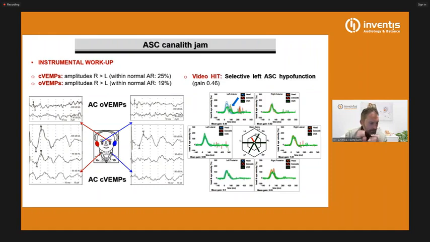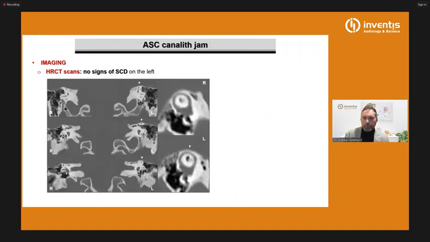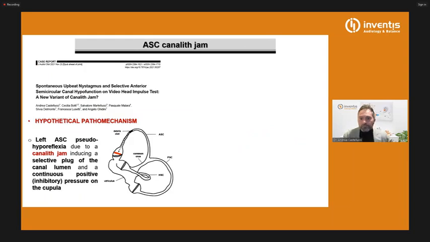So probably there is something going wrong on that side. We performed also a CT scan because we know that selective impairment of the VOR gain for an anterior canal might be due to an anterior canal dehiscence, but it was not the case. So we hypothesized a spontaneous pseudo-hyperreflexia due to a canal gem that was here, probably in the ampullary arm of the anterior canal, leading to a persistent deflection of the cupula toward the ampulla.